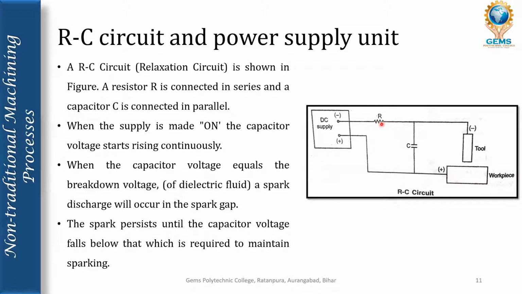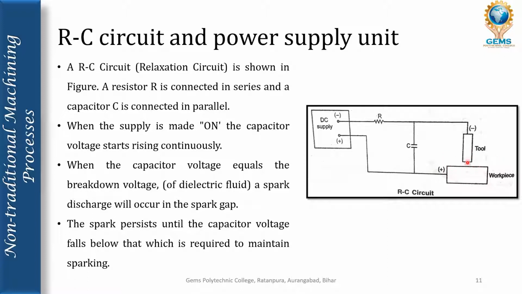The resistor is connected in series with the tool and the capacitor is connected in parallel with the tool. When the supply is switched on, the capacitor voltage starts rising continuously.